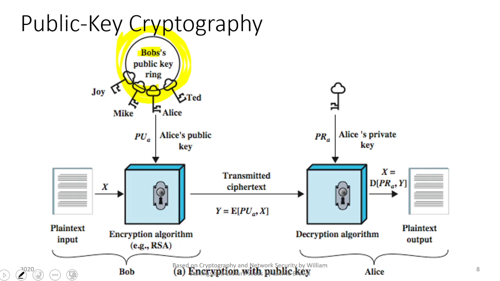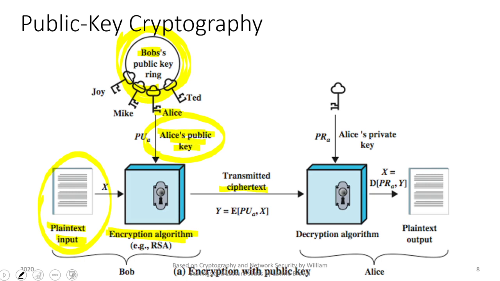If Bob wants to send a message to Alice, Bob will use Alice's public key, which is already available. We use the plain text and the encryption algorithm with the public key and generate the ciphertext. So the ciphertext is the encryption of the plain text using the recipient's public key.